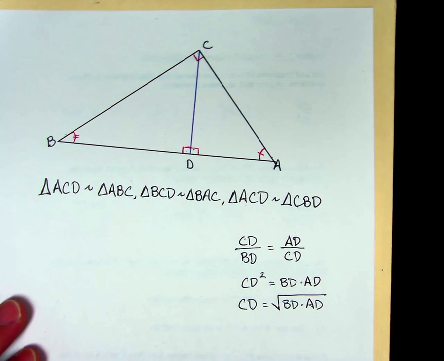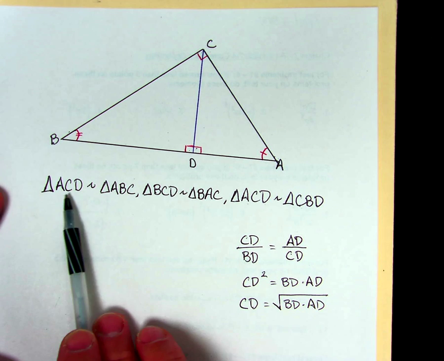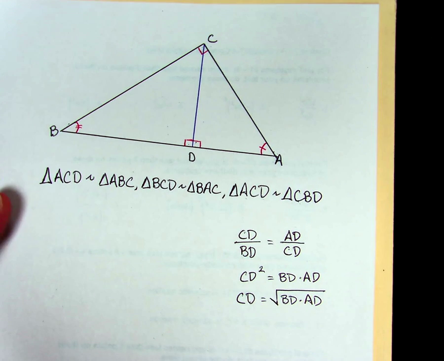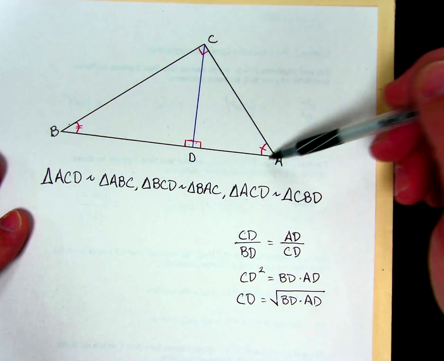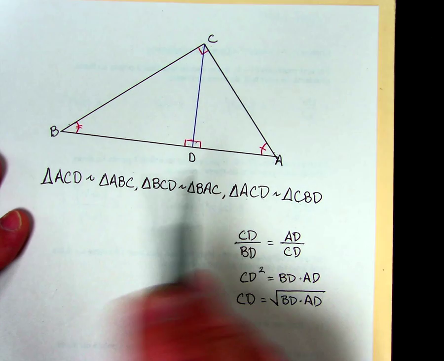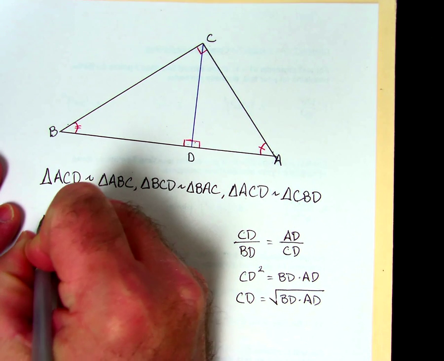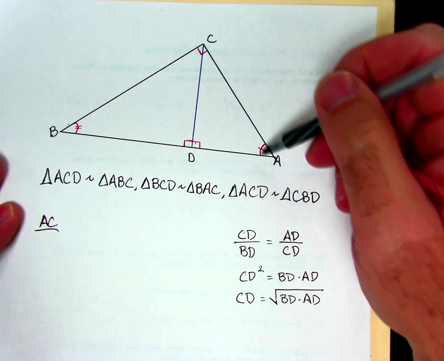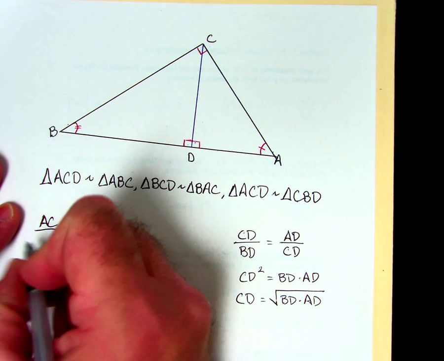Now, going back to our original picture, we know that each of these smaller triangles is similar to the large triangle. Let's look at this one. Segment AC, the altitude in triangle ACD, corresponds to segment AB.